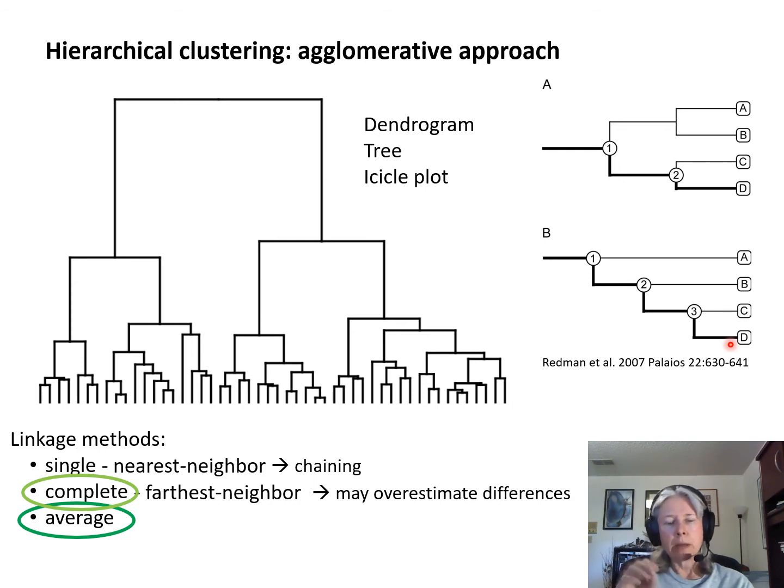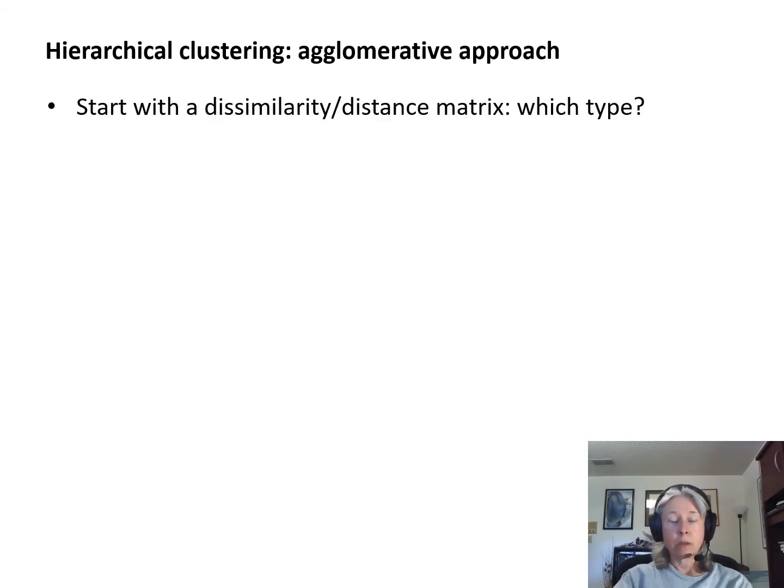Okay, so now in the next slide I'm going to talk about how we actually do this cluster analysis so that we eventually get to this end result, the dendrogram. So in an agglomerative approach, in any kind of cluster analysis, you need to start with a dissimilarity or distance matrix.